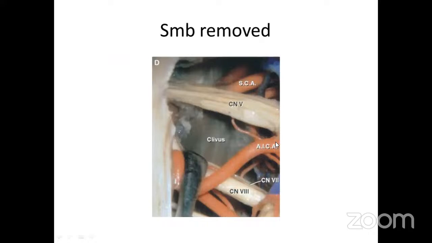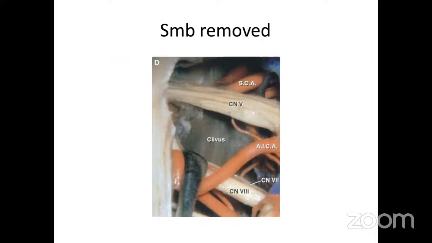So if we see now the middle complex, it consists of which nerves? It consists of the 3 nerves that are the 6, 7, and 8 nerves. So each complex has 3 nerves, an artery, a cerebellar surface, a peduncle, and a fissure.